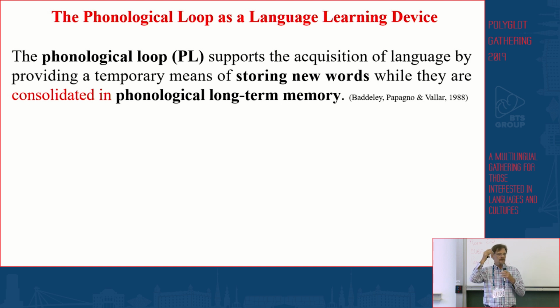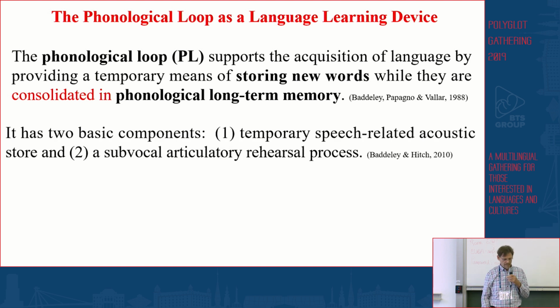The sound is stored in long-term memory. There are two basic components of this. One is a temporary speech-related acoustic store, which is what you're hearing, and the other is a subvocal articulatory rehearsal process. I have to articulate that word, so you keep going over it and over it in your mind.